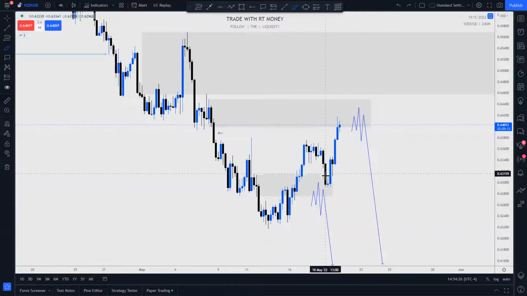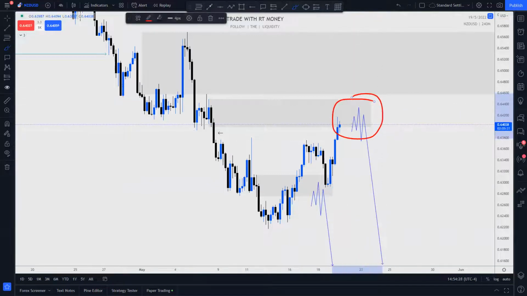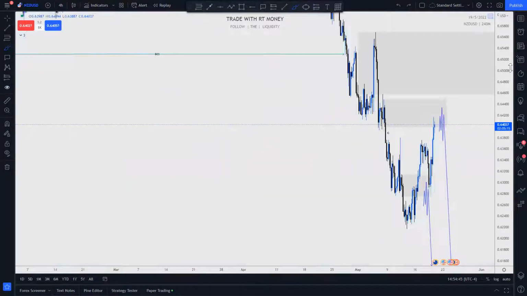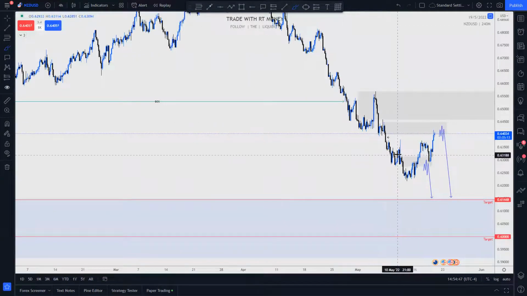And what did I say? This is my second POI. And I said, I'm looking for the same situation. I'm looking for bearish price action once it gets up here, because this is a very nice zone of supply, right? And I like this zone because of the way price dropped from here.